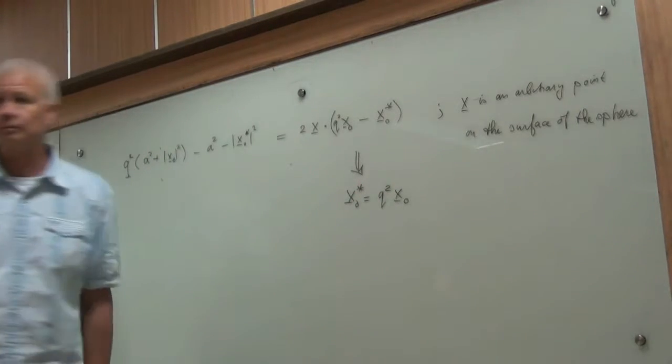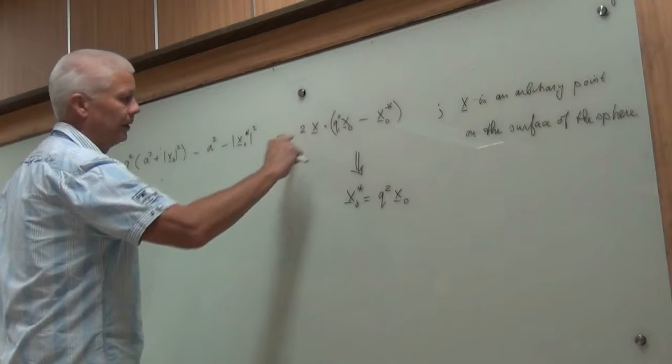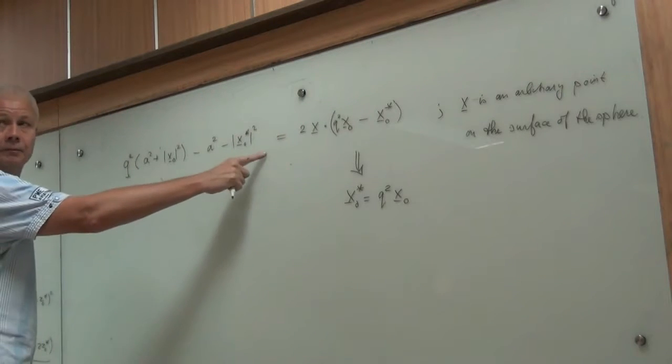So it follows that x0 star should be equal to q squared x0. That's nice. So now I know that the position of the charge will be what is called collinear with the point x0. That will be on the line from the origin and the point x0, and then somewhere it will be on that line. Yeah, collinear with x0.